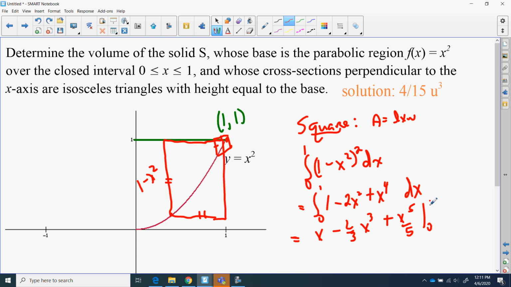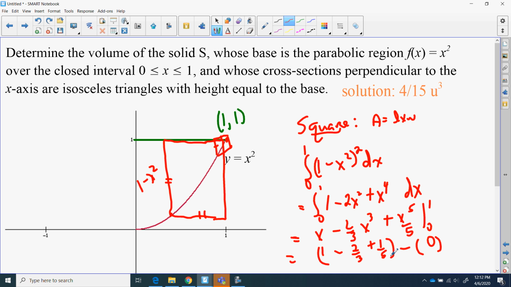And then your bounds would be 0 to 1. Fill in your upper bound, you're going to get 1 minus 2/3 plus 1/5, minus your lower bound, which is going to be zeros everywhere. So you just figure that out, and that will be the volume of the object.